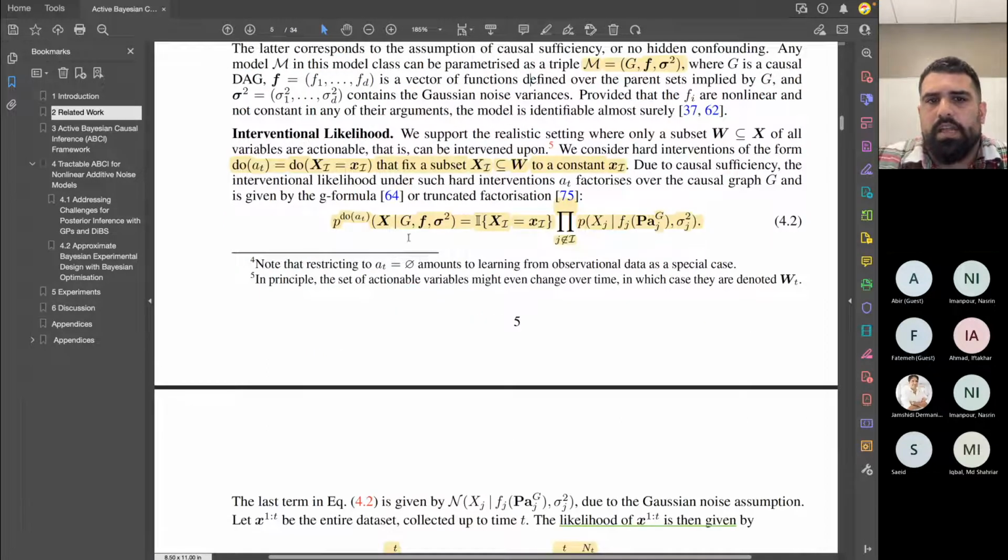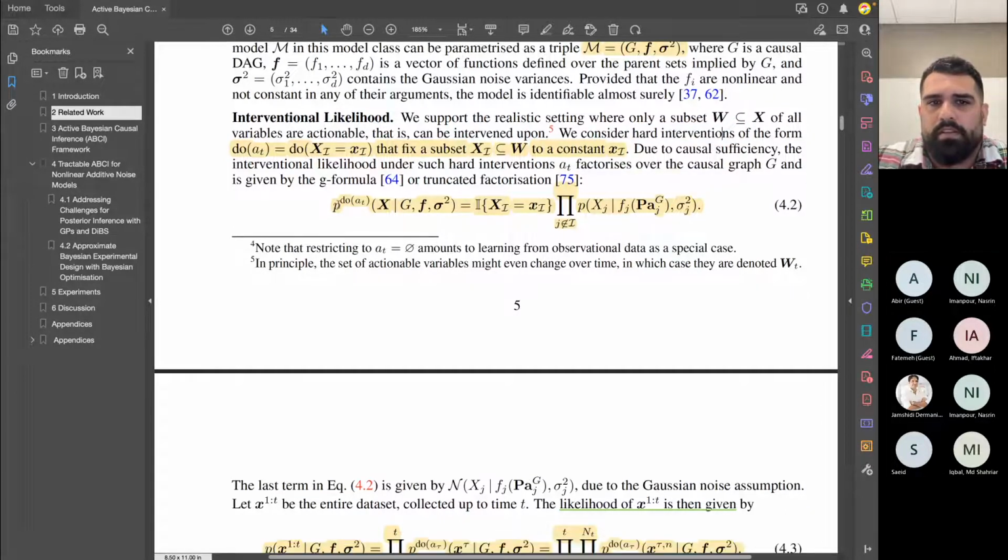Interventional likelihood: they consider hard interventions, and in the discussion section they say they only use hard interventions, but soft interventions could also be used as future work. They only consider hard interventions of this form of do-calculus.